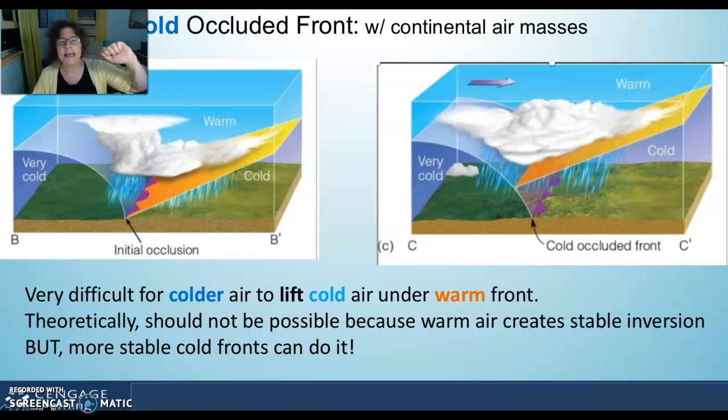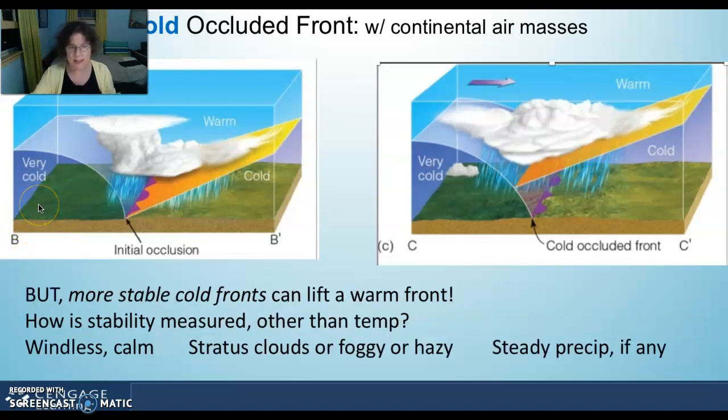What we find is that the more stable the very cold air mass, the higher the likelihood that it can kick the warm front up. So the colder the cold front, the more stability it has to kick the warm front up. Now, it's not just temperature that predicts stability. I have a next slide showing other things that predict stability of this cold front.